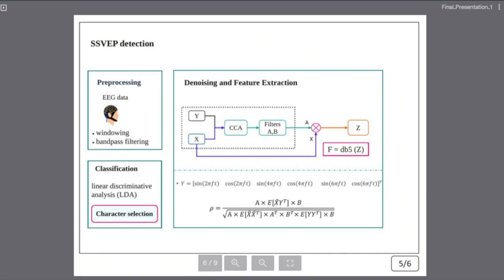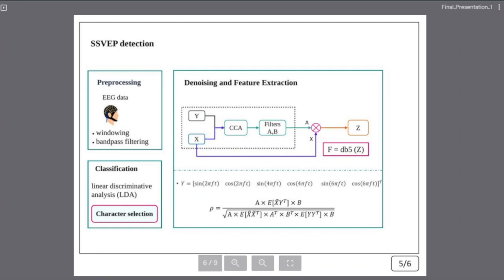Second, we find the projection matrices A and B to maximize the canonical correlation rho between AX and BY, where X and Y are the EEG and reference signal respectively. Finally, we apply the A matrix to the EEG signal to achieve a clear SSVEP signal.